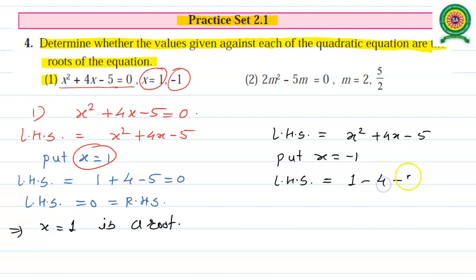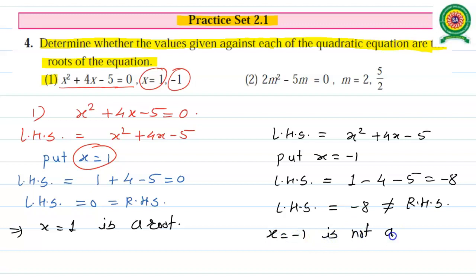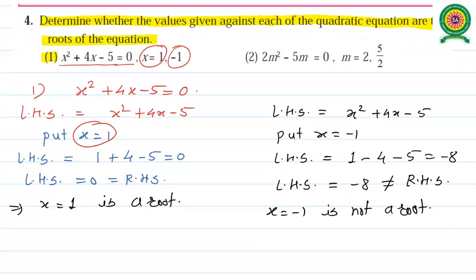And then minus 5 as it is. Minus 5 minus 4 is minus 9, minus 9 plus 1 gives minus 8. So after simplifying, the LHS is minus 8, which is not equal to the RHS, so we can say x equals minus 1 is not a root of the given quadratic equation, since it does not satisfy the equation.